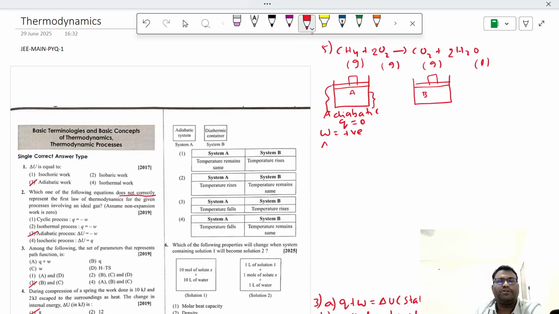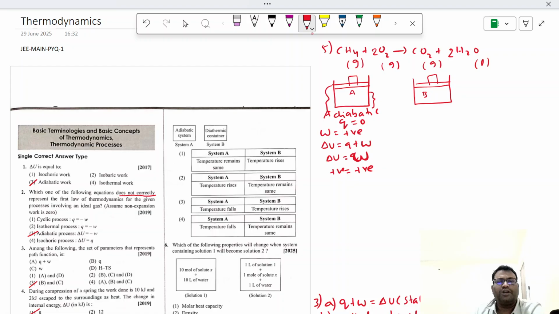According to the first law of thermodynamics, we know that delta U is equal to Q plus W. Since Q is equal to 0, delta U is equal to W. So work is done on the system, that means work done is positive, and the delta U is also positive.